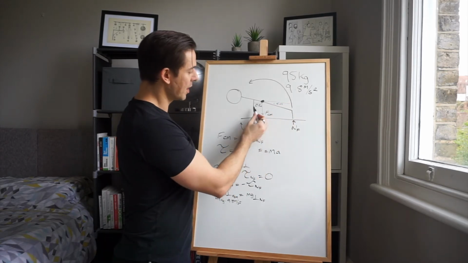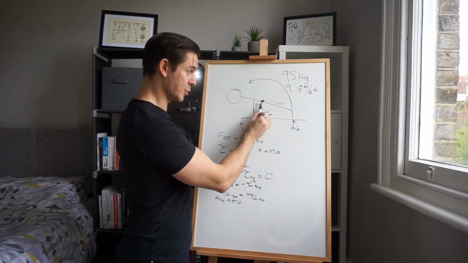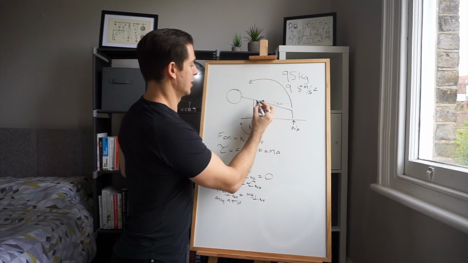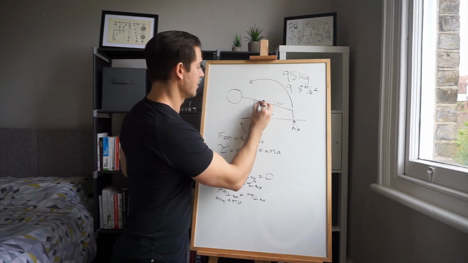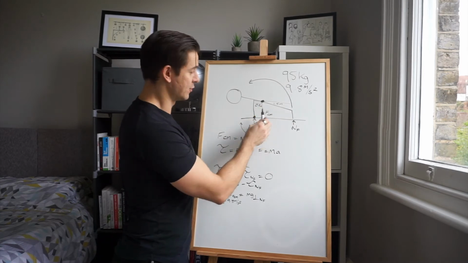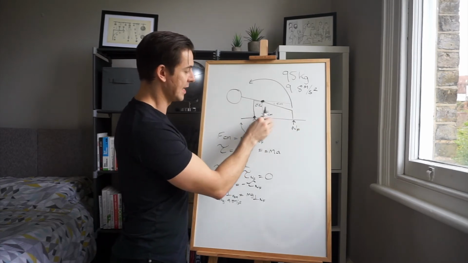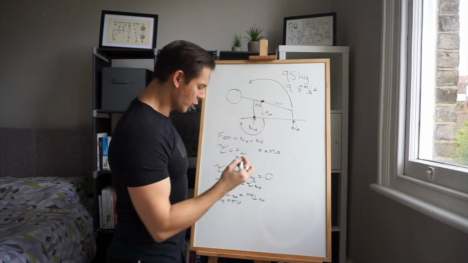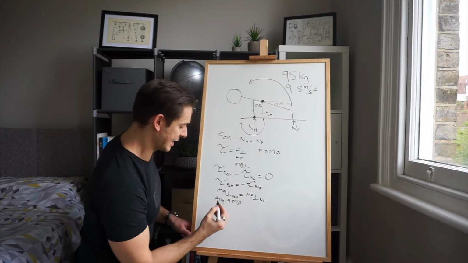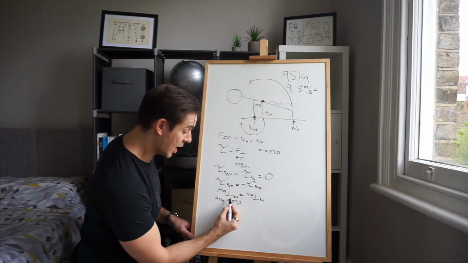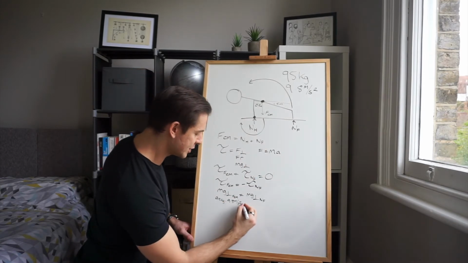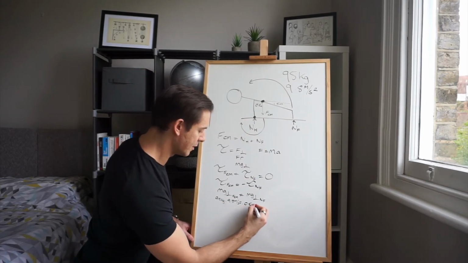So we've got a force applied at a perpendicular distance of 0.5 meters, and another force applied at, sorry, I should put this through here, that's not clear, 1.5 meters away from that axis, not from the point of the center of mass. It's 1.5 meters away from here, not from there. So now we've got two things. So this guy, the torque from the center of mass on that axis, is equal to 95 kilos times the accelerative force of gravity times its perpendicular distance, which we've just said is 0.5 meters.